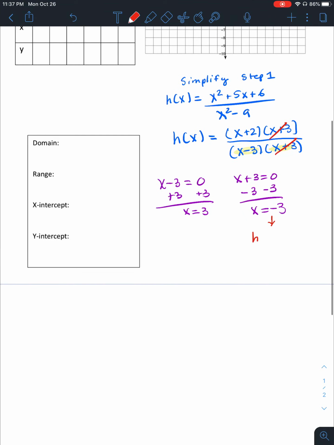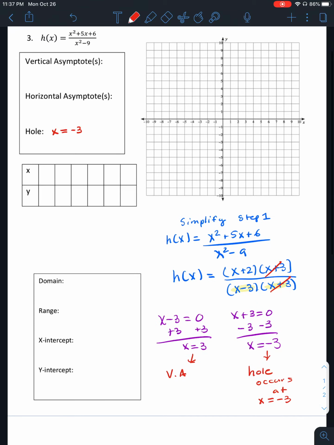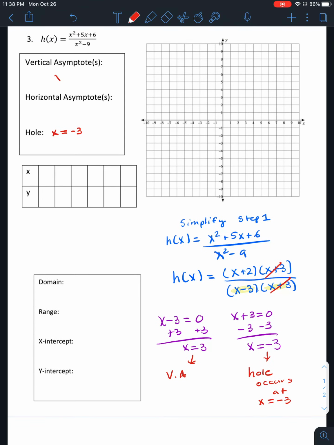I'm going to show you how that looks on the graph, but for now, we're just going to write x equals negative 3 is where a hole occurs. And then this 3 is going to be a vertical asymptote because it doesn't cross out and it still makes the function undefined. So we say x equals 3.